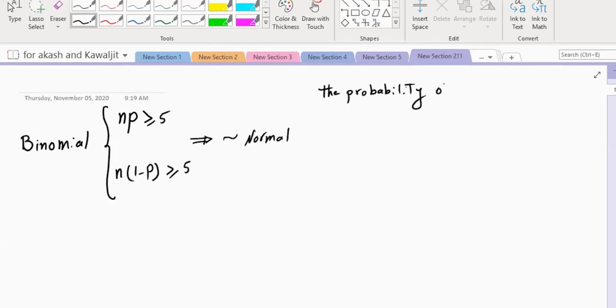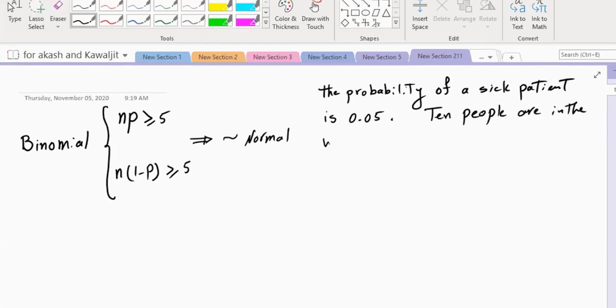The probability of a sick patient, of a specific sickness, is 0.05. 10 people are in the waiting room.